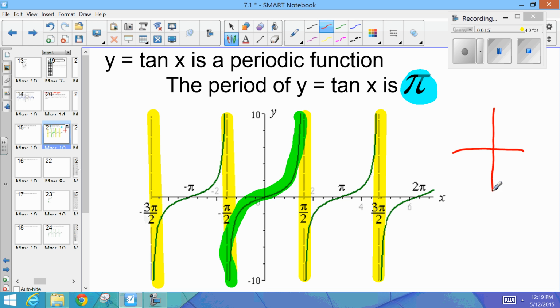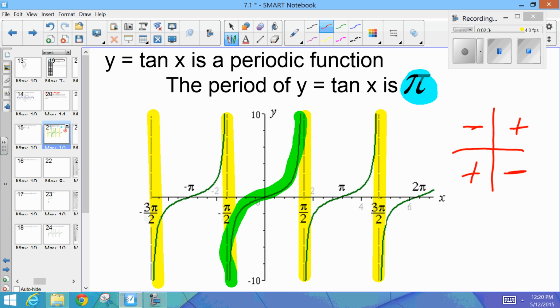Tangent is positive in quadrant 1, negative in quadrant 2, positive in quadrant 3, and negative in quadrant 4. So as we go from quadrant 1 to quadrant 2, we've got one set of values, and then that repeats itself in quadrants 3 and 4. And so that's why the period is only pi.